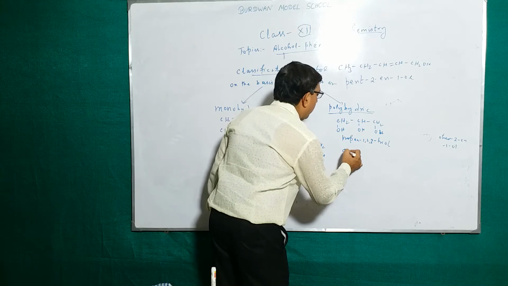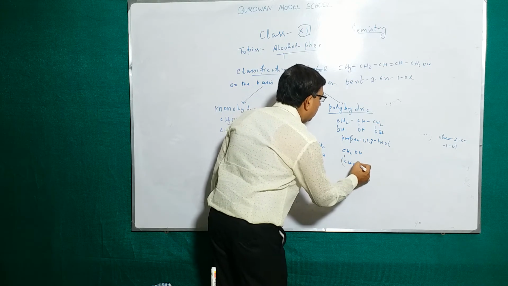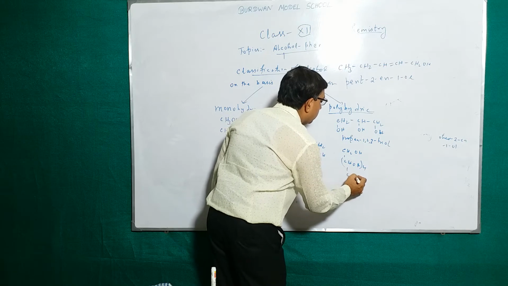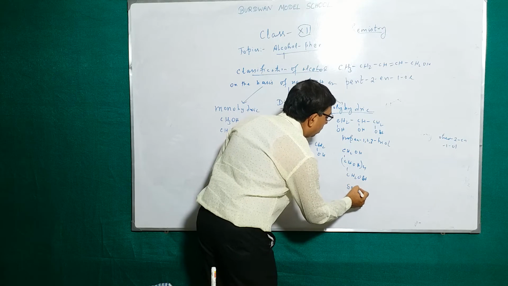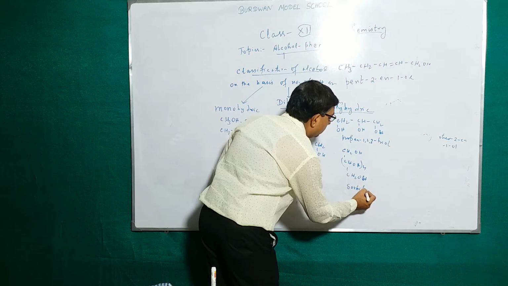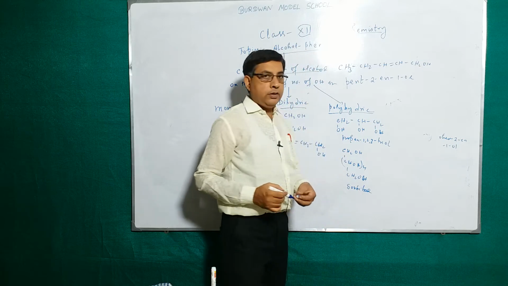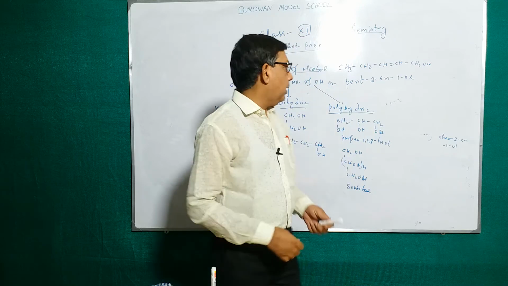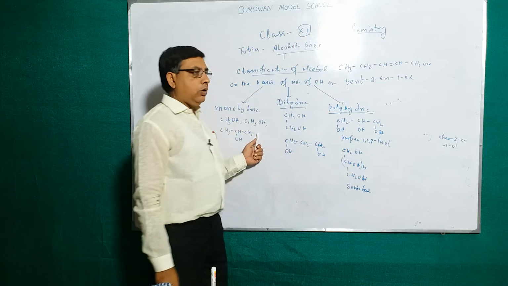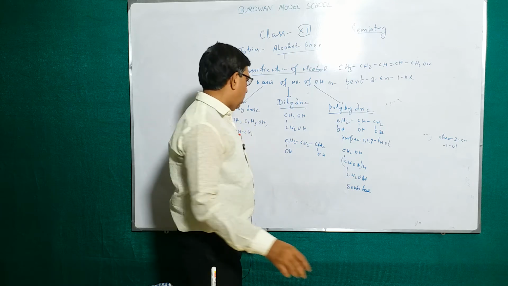Or this compound, CH2OH, CHOH whole 4, CH2OH. This is called sorbitol, which contains 6 OH groups. So on the basis of OH groups, alcohols are 3 types: monohydric, dihydric, and polyhydric alcohol.